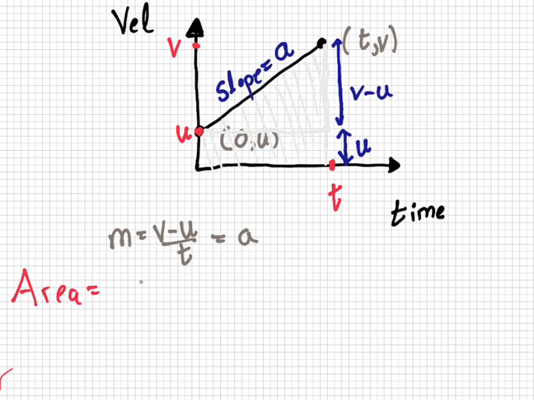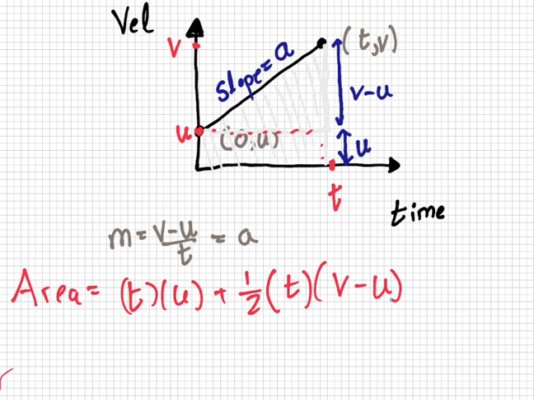Okay. So the area equals T multiply U, that's the rectangle. Can you see that? Mm-hmm. Plus a half the base, which is T, and the height, which is V minus U. Now, that's UT plus a half. Now, if you want to think about it like this, you could even use this formula.